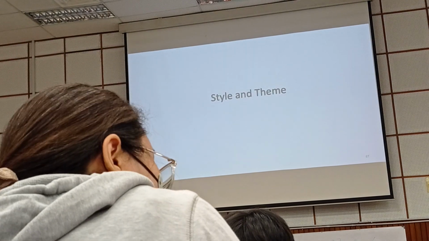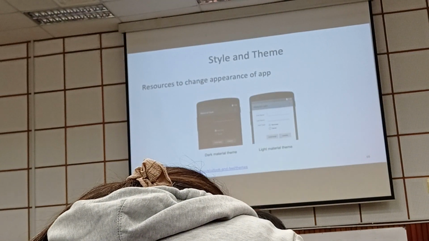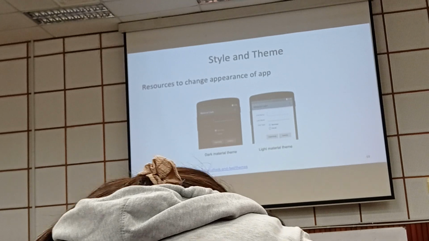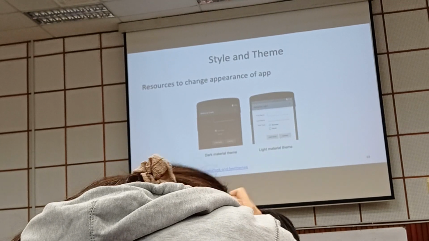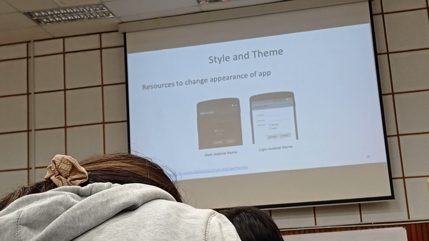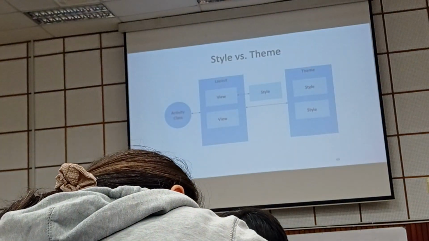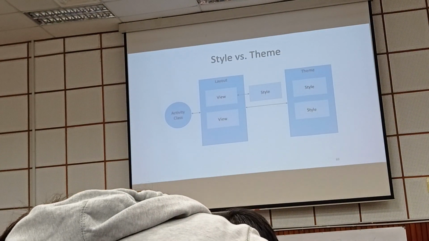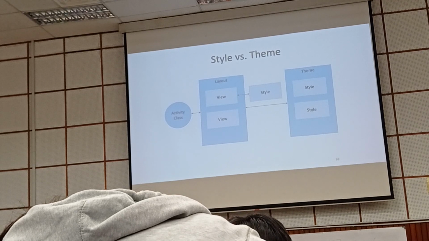Okay, this is the last part of this chapter. Keep it short and sweet also. Style and theme is not about cosmetic change. It's focusing on usability of the app. So in general, we try to apply a style or a theme to make sure your app is usable to the end user.